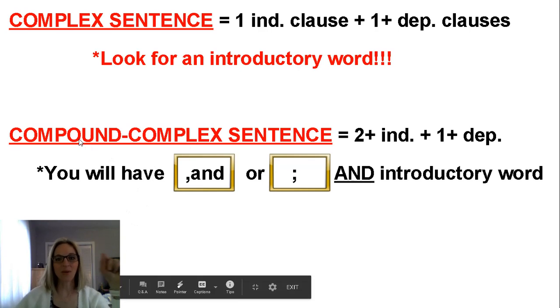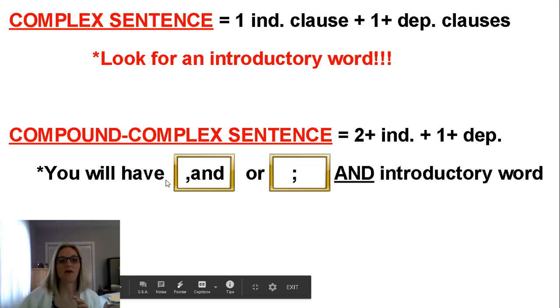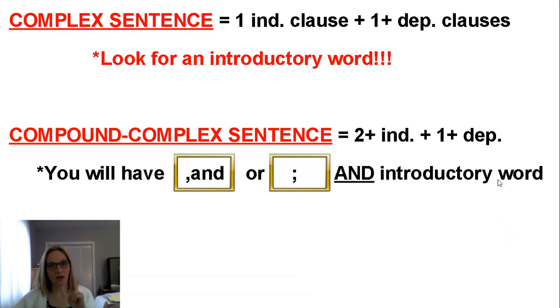So for a compound complex sentence, you have to have two or more independent clauses, meaning you have to have a comma conjunction or a semicolon. And you have to have one or more dependent clauses, which means you have to have an introductory word. So in order to have a compound complex sentence, you have to have both of these things. You have to have a comma conjunction or semicolon, and you have to have an introductory word.